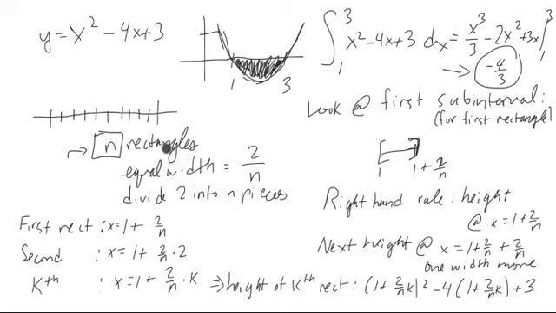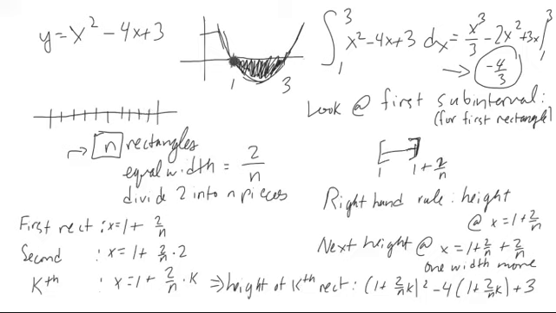Right here, first of all, let's think. If we split this interval into n pieces, let's make each width be the same for all the rectangles.